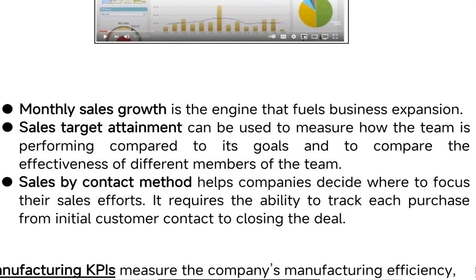Next is sales by contact method. It helps the company first determine what the customers' needs are and what customers use to purchase. With that data, you'll be able to decide where to focus the sales effort.